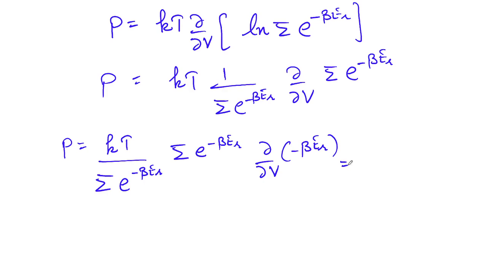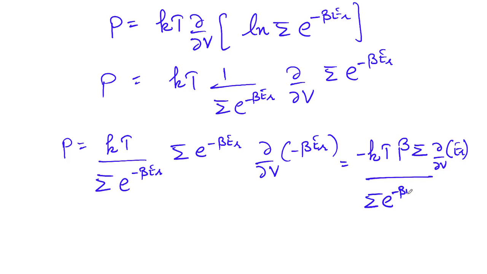So this we can write as minus kT beta, summation of ∂E_r/∂V over the summation of e raised to power minus beta E_r, multiplied by the exponential of minus beta E_r.